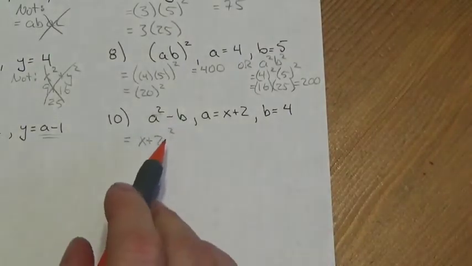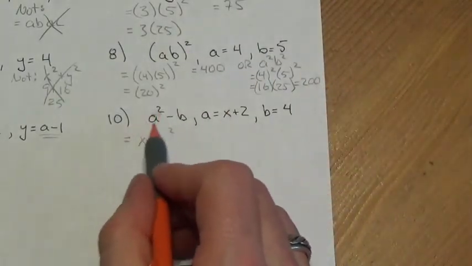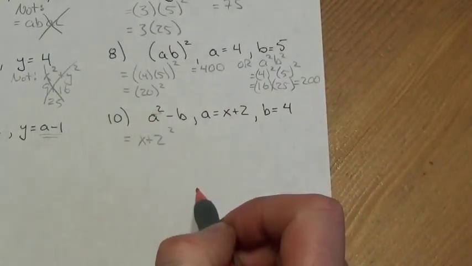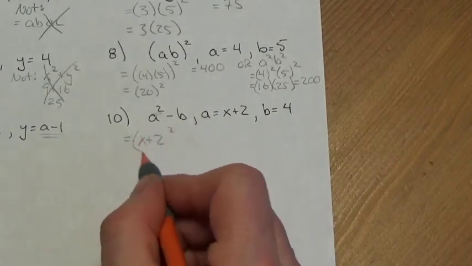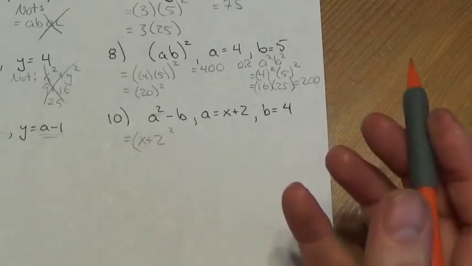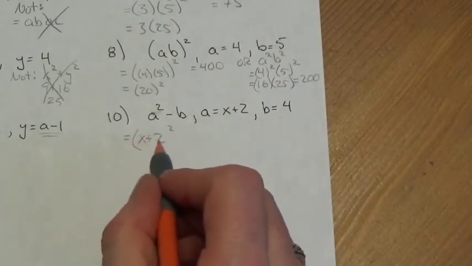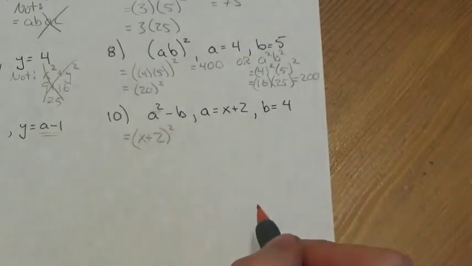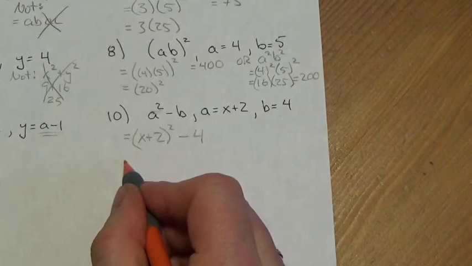But again, if you don't put parentheses around the x plus 2, then you're not squaring all of a, whatever a represents. I'm only squaring the 2 here. That square only applies to the thing that's immediately in front of it. So if I wanted to apply it to more than just that 2, I need to put parentheses there. And then b is going to be replaced with 4.